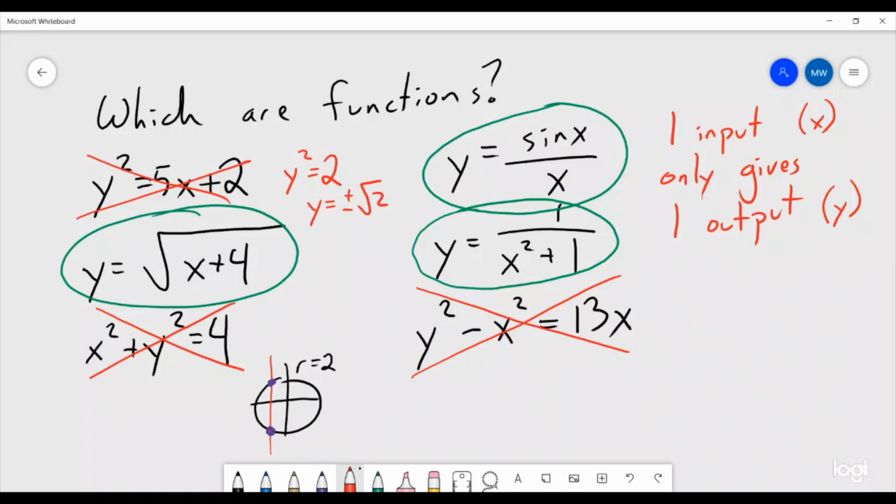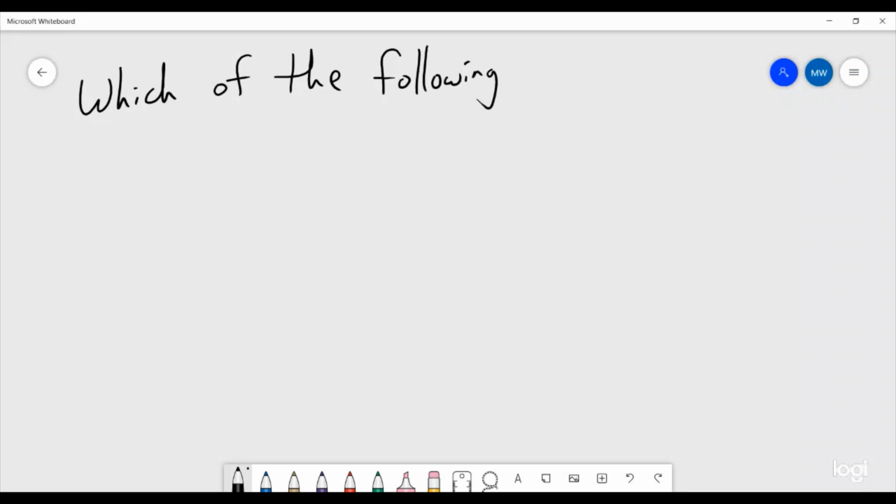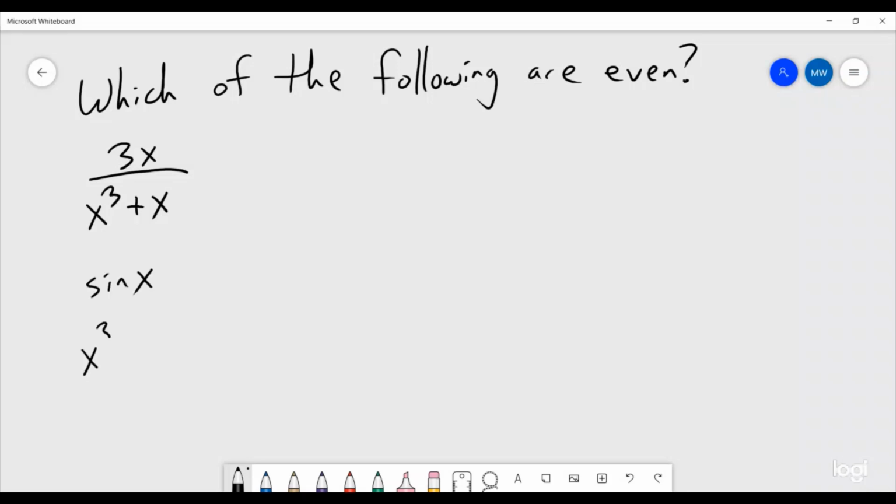Okay, let's now talk about even and odd functions. Let's first figure out which of the following functions are even. We've got 3x over x cubed plus x. We've got sine of x cubed plus 5x squared.